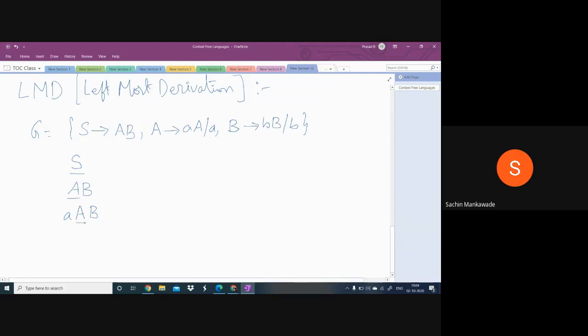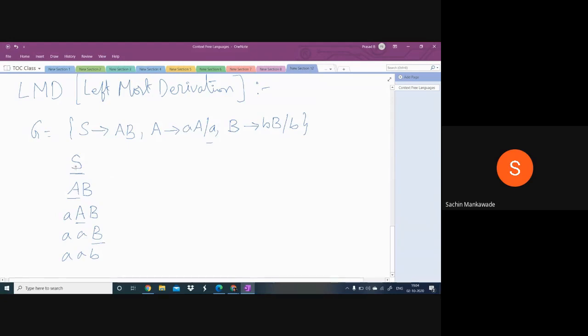Here the leftmost non-terminal is A. Now, in A place, I am applying this production A. Now the only non-terminal is B, that is the leftmost, and I am applying B in B place. So this is called leftmost derivation. Here I repeat, S is the only symbol.